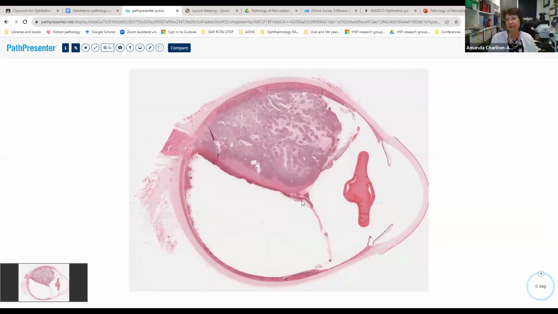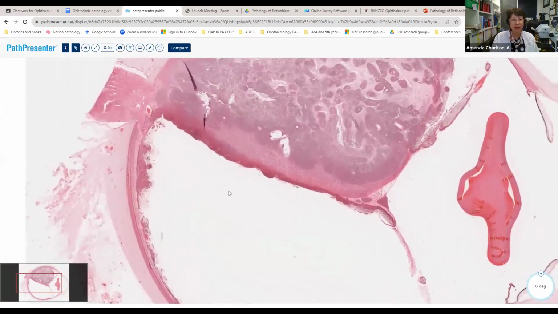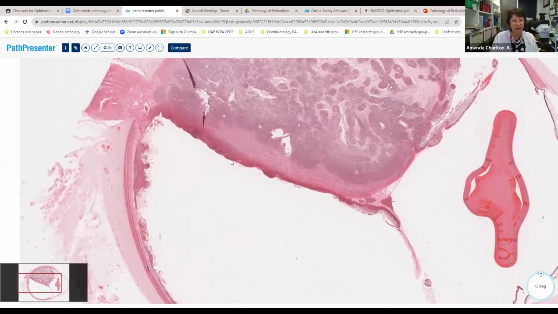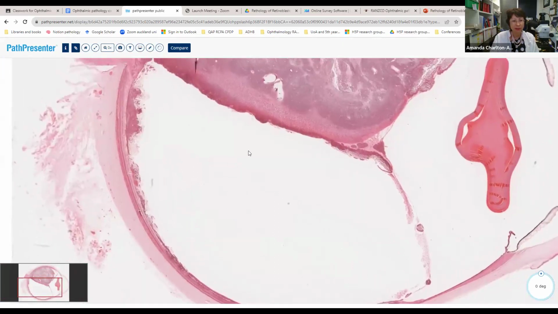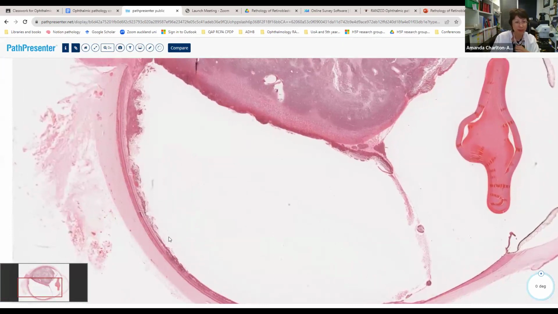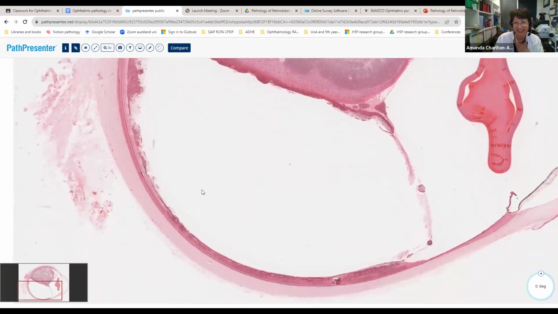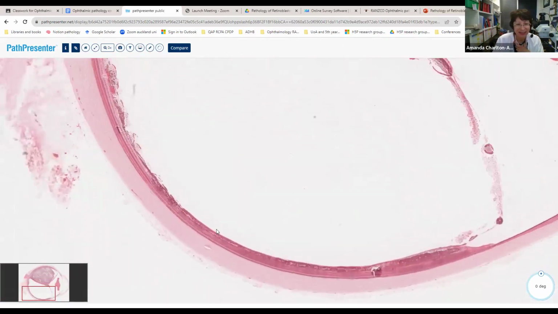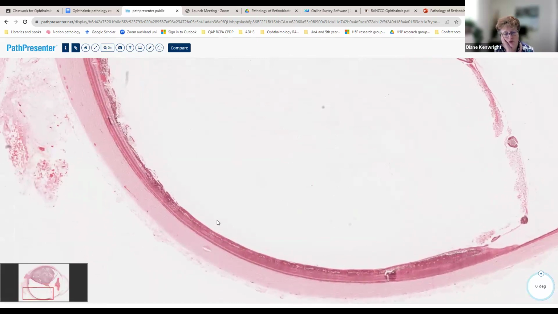So endophytic versus exophytic. Endo means towards the center.